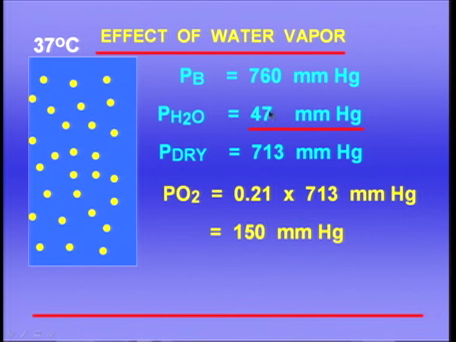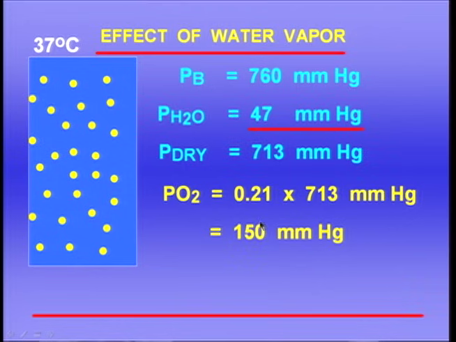We subtract that from 760, that gives us the partial pressure in the dry gas of 713, and therefore the partial pressure of oxygen is 0.21 times 713, which comes out to 150 millimeters of mercury. So that's the partial pressure that we're actually dealing with. The organism, if you like, is exposed to a partial pressure of 150 millimeters of mercury in the moist inspired gas.